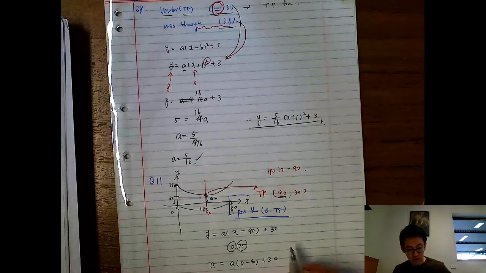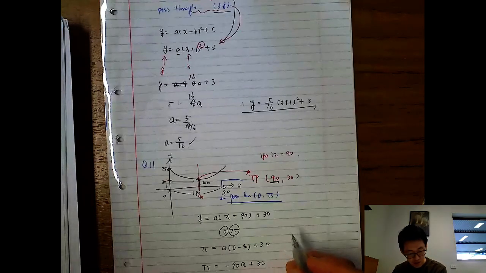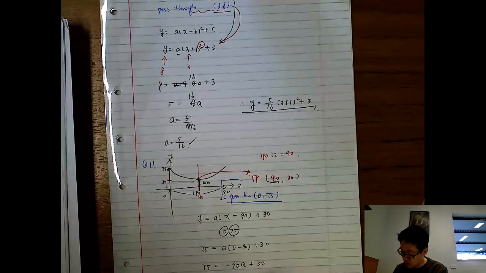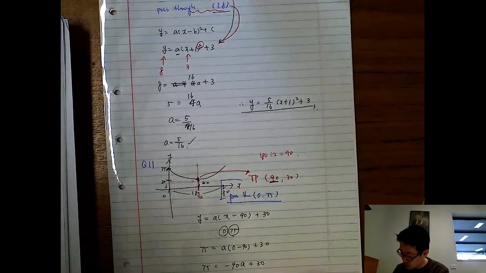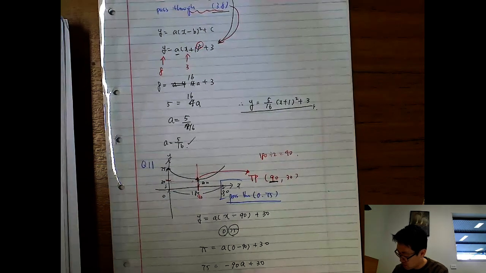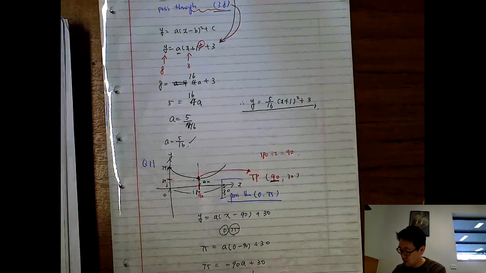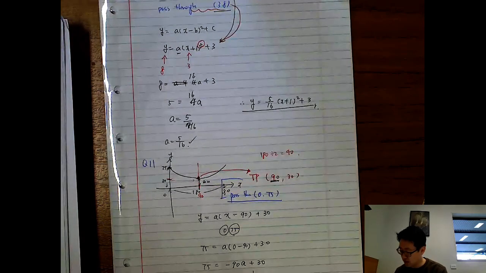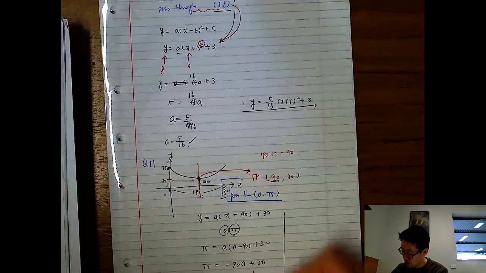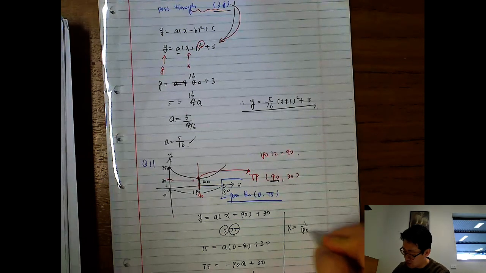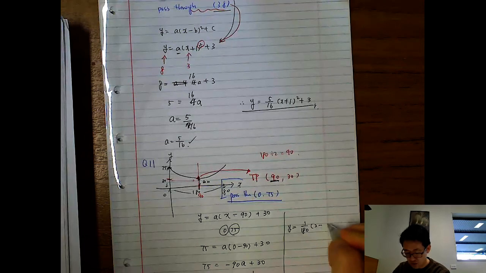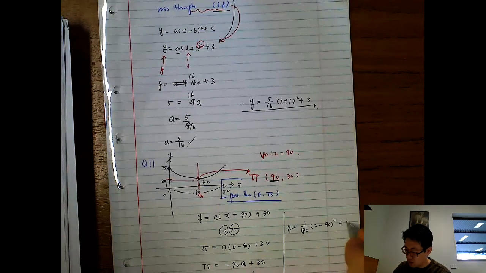Question 11. Yes, and then when we solve it, a equals 1 over 180. You will get that, just do algebra here, okay? Therefore, y equals 1 over 180 (x minus 90) squared plus 30.